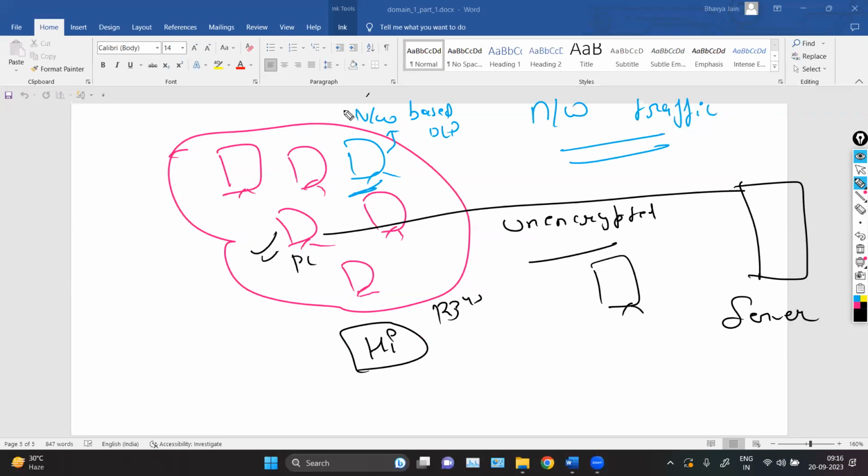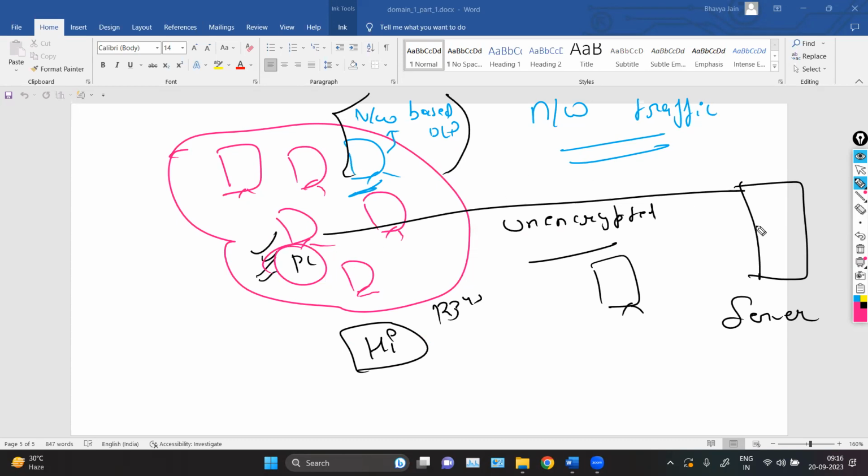So the purpose of this network-based DLP is to monitor which PC is using an unencrypted channel for communicating. If this PC is using an unencrypted channel, then the DLP will notify the user or the owner of that network that this system is using an unencrypted channel, so please encrypt this channel for security purposes.